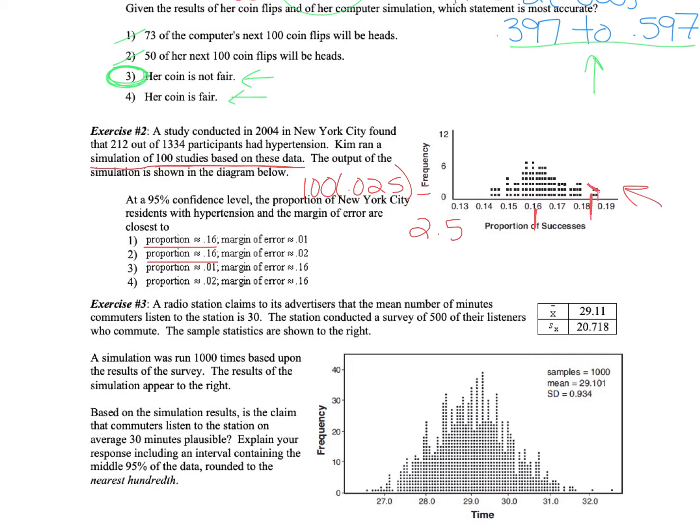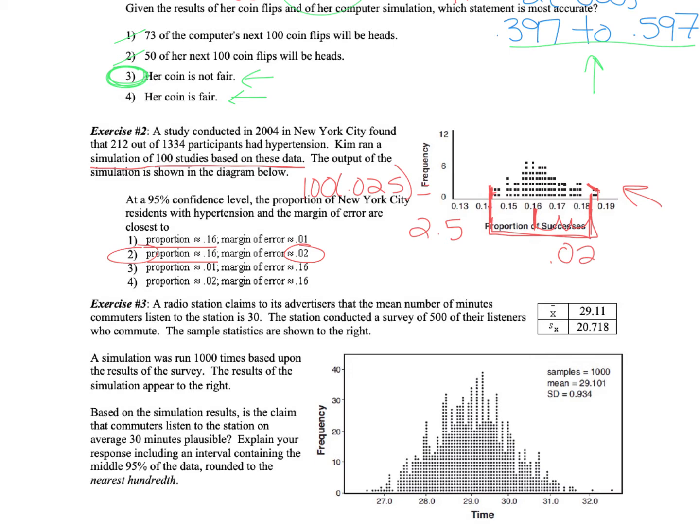So we're probably going from about here and a couple over here. So it looks like this would be my confidence interval. I know this isn't great with the pen. So my margin of error from the mean proportion to the side is 0.02, from 0.16 to 0.18. So we want to choose choice 2.